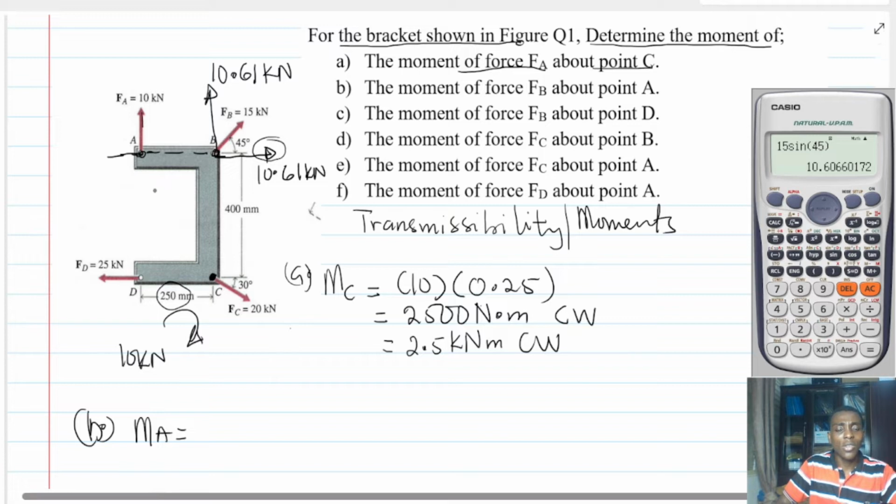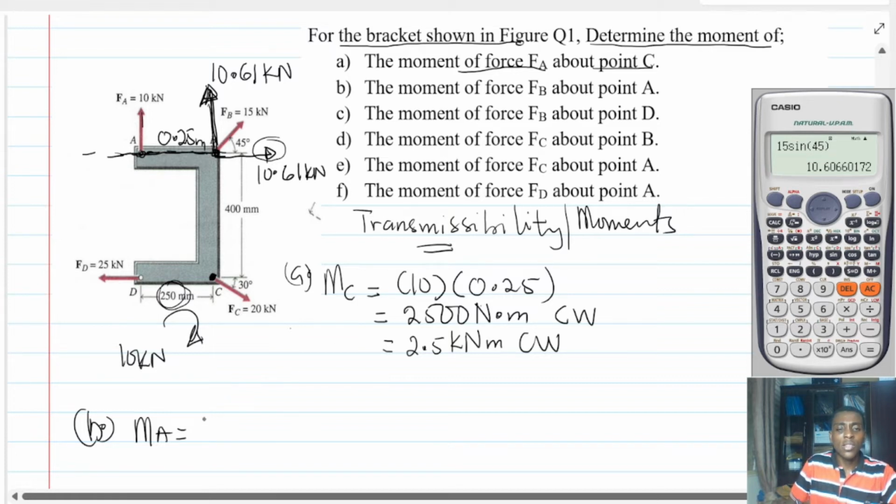Do you get the concept? And we are actually tracing the line of action due to the principle of transmissibility. Now we will look at the y component. The y component will be perpendicular, and the distance will be the distance from here to here, which is the 250. In other words, 0.25 meters.